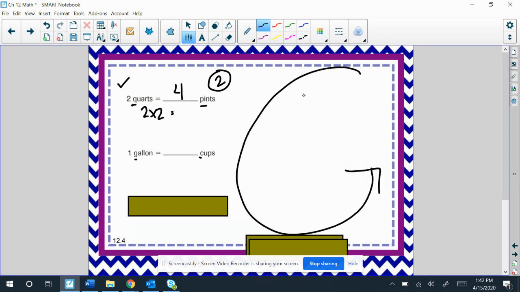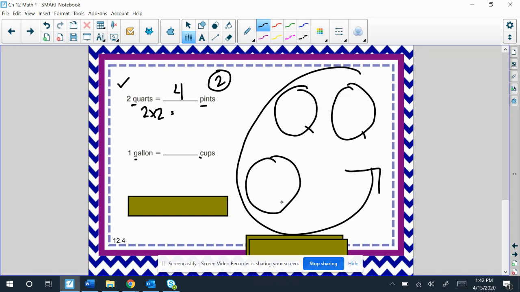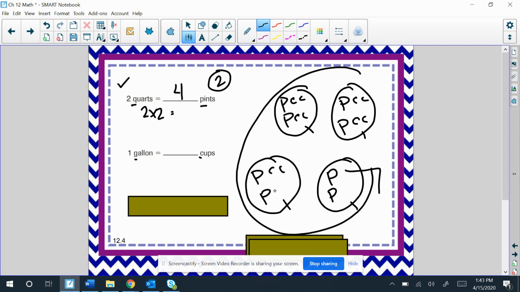In my gallon, I have 4 Qs. In each of these, I have 2 P's. Please be drawing this with me. And each P gets our C, our cup. Now that I've gotten to my cup, I can figure it out. Go ahead and give it a try.